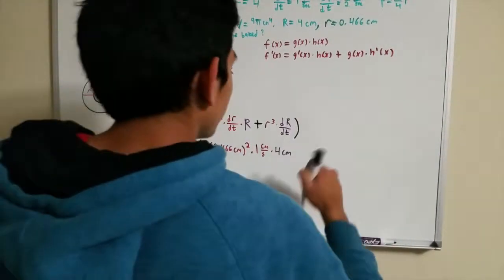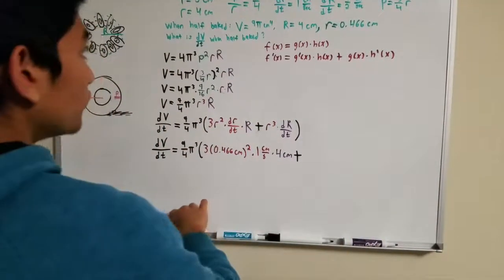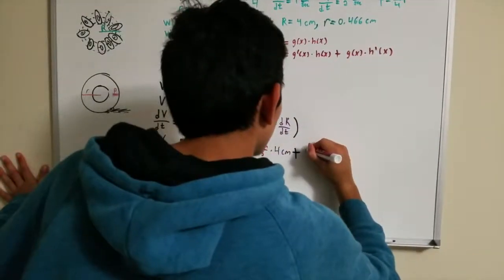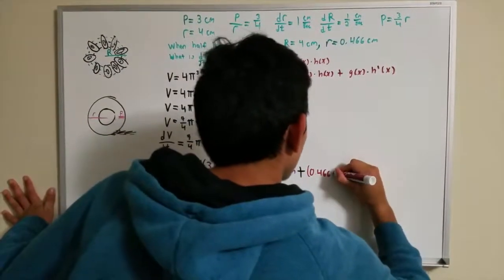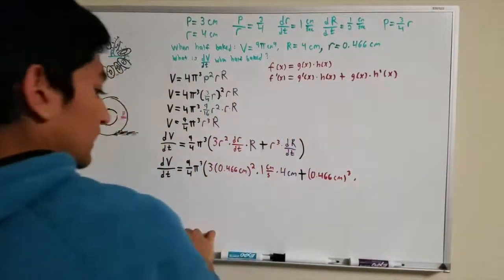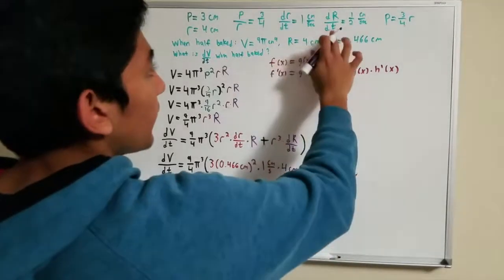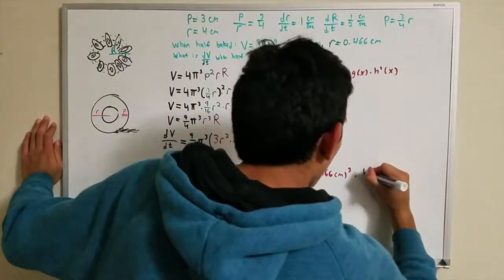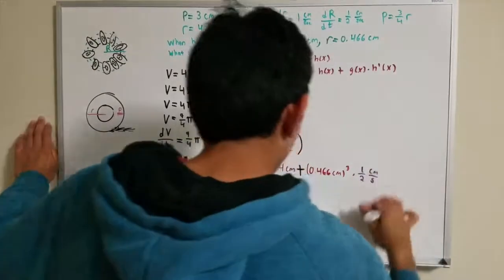And we add that to r cubed, which will be 0.466 centimeters cubed, and we multiply that by the change in the entire ditorus's radius, which is half a centimeter per second.